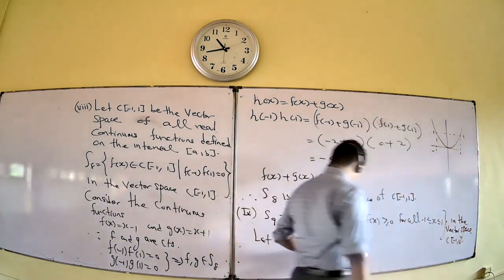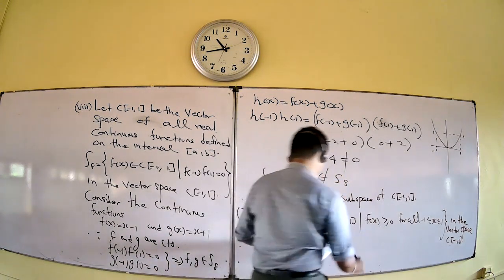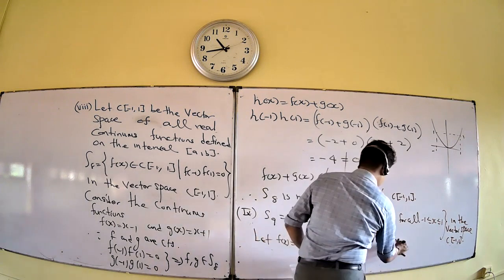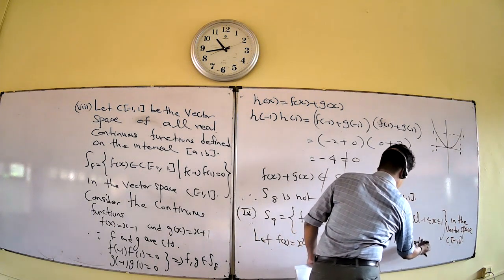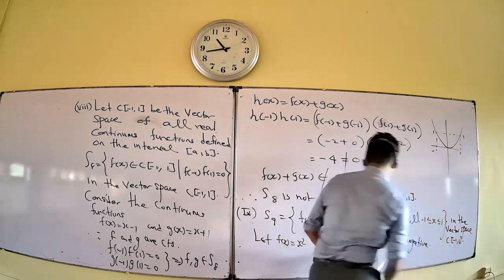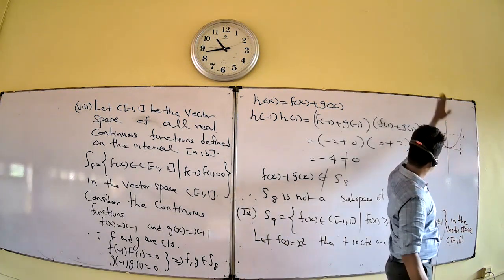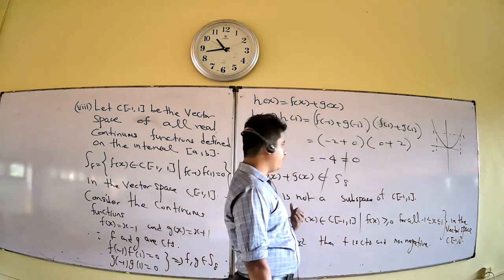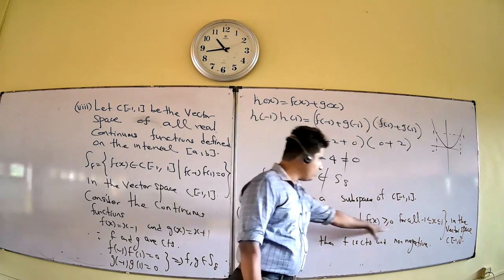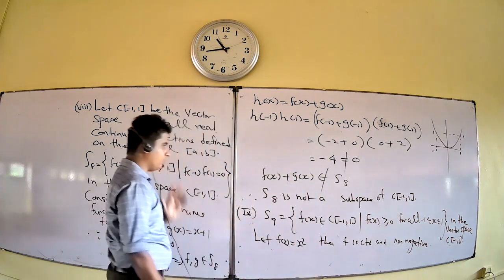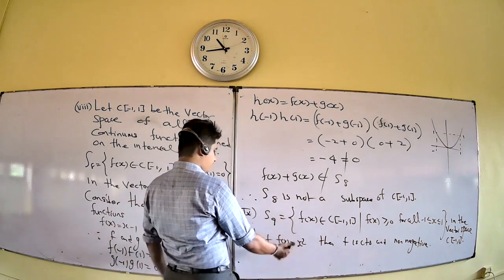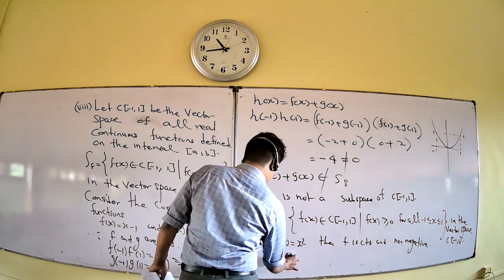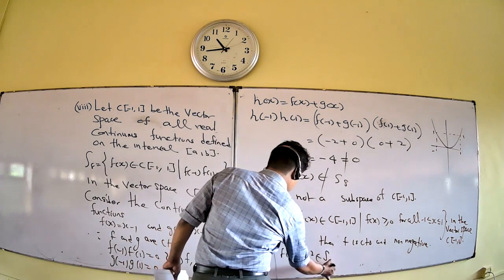It's continuous. Then f is continuous and non-negative. Is it okay? From the graph, it's non-negative. 0 is possible because x equal to 0 means f of x also 0, so greater than or equal to 0 holds. Therefore f of x equal to x squared belongs to S9.